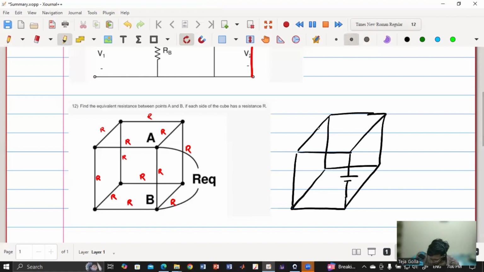So now I'm writing this as a resistor, resistor, resistor, here also one resistor, and so on for all the edges.